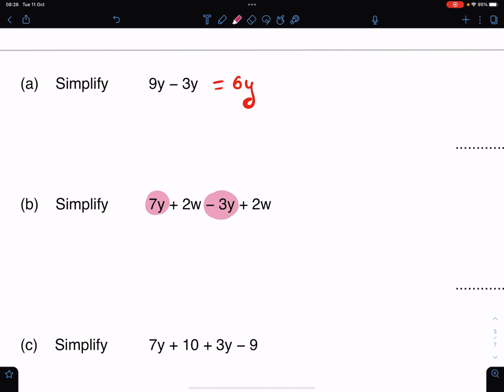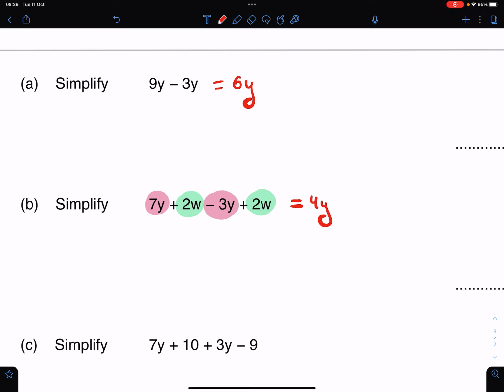Negative 3y. What is the like term for 2w? 2w here. So 7y plus negative 3y is going to be 4y's. Sultan, is that clear? 7y plus negative 3y is the same as 7y minus 3y. That's 4y, so I'm going to write down here 4y.